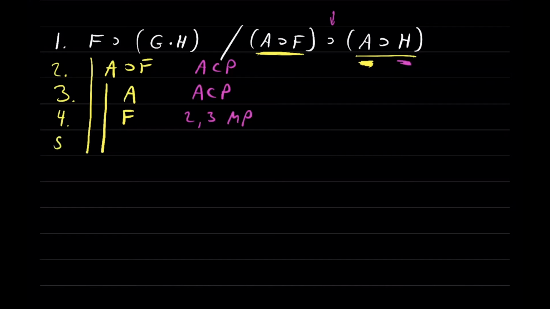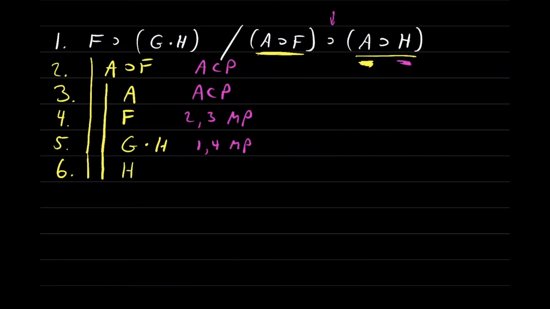Once I have F, I can do modus ponens together with line 1 to get G and H. So line 1 and 4 by modus ponens. Now remember, the goal here we said was to get H on its own line. So I've got to do a couple little steps here to be able to get H on its own line. Don't forget to extend these vertical lines down.